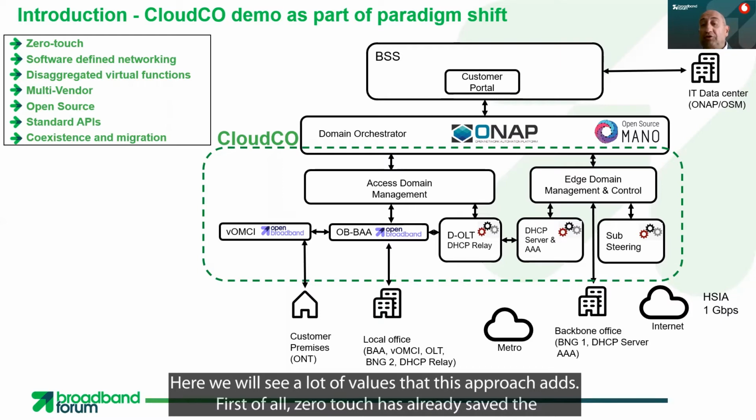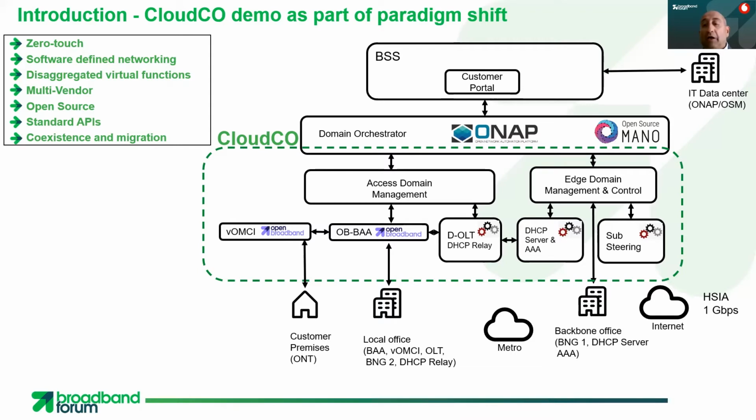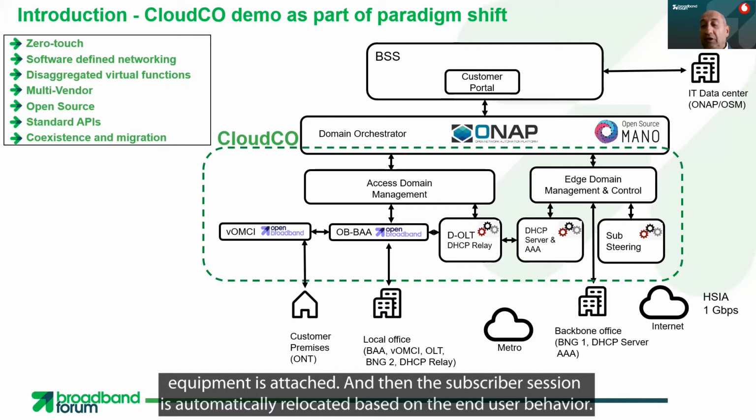First of all, zero touch. As already said, the elements are discovered by the network, and the network reacts to the discovery event. This means that the service is first activated with all the user equipment discovered regardless of where the equipment is attached. And then the subscriber session is automatically relocated based on the end user behavior.